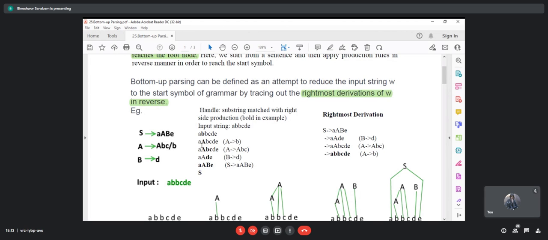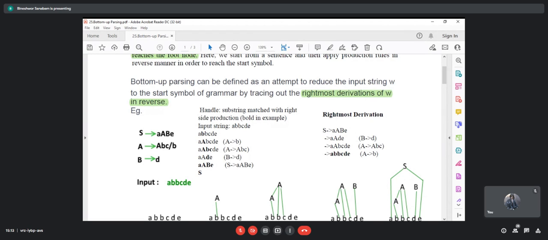Then if we take this bold substring and use the production A implies abc, we can replace it with A. So it returns small letter a, capital letter A, then d e.